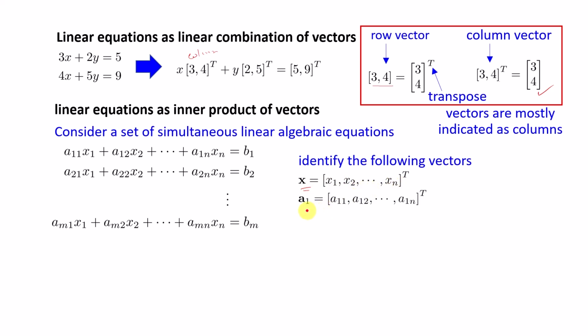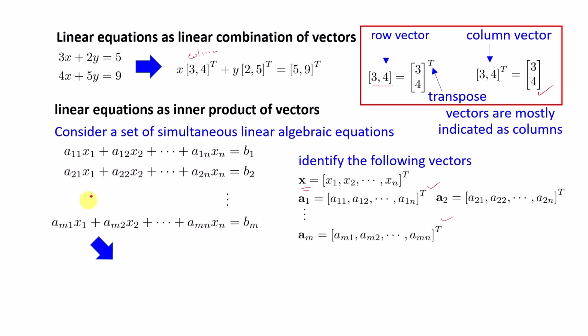Then a1 is (a11, a12, up to a1n), a2 is (a21, a22, up to a2n), etc., am is (am1, am2, up to amn). These are all column vectors. That is why I am writing this transpose sign, because by default we take all vectors as columns, and whenever we take row vectors we have to write that specifically.